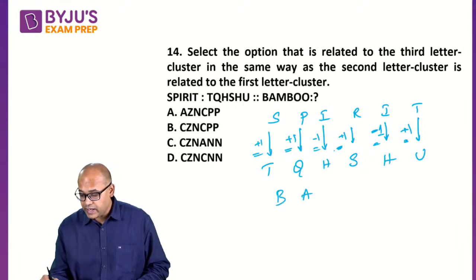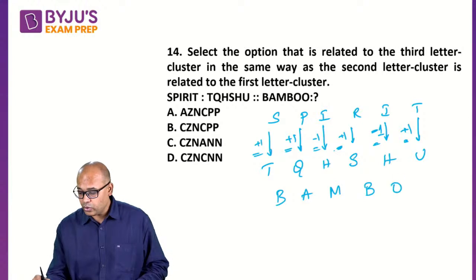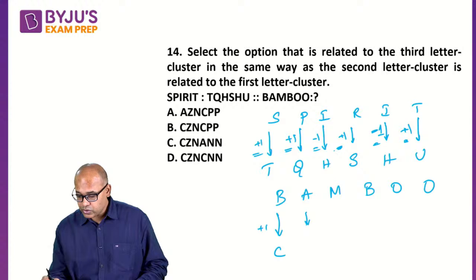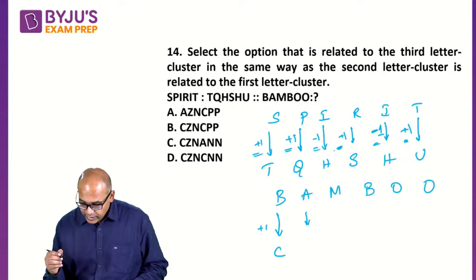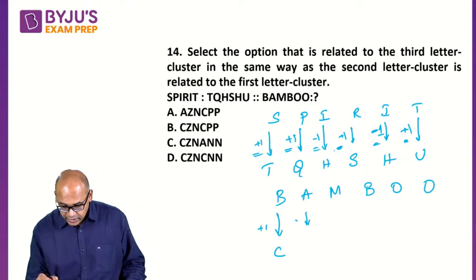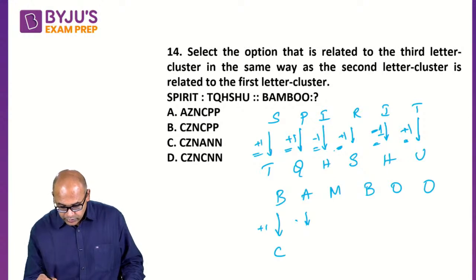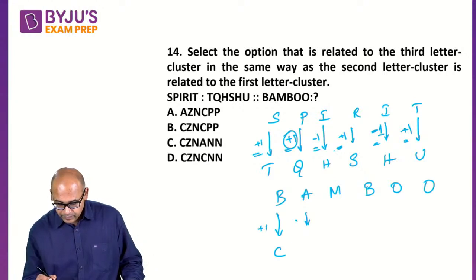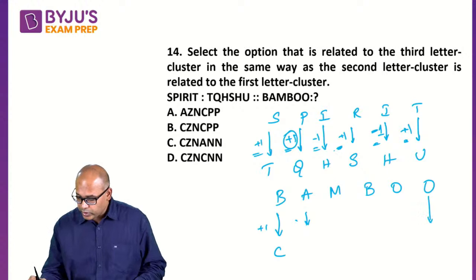So it's BAMBOO. So B should be plus 1, C. A should be, okay, I think A should be plus 1 because this is P and Q. So this is an error. This should have been minus 1, I guess. Okay, let's go from bottom.